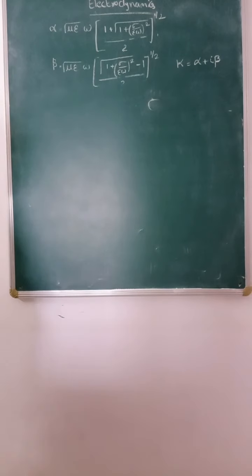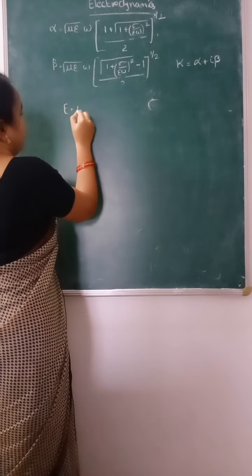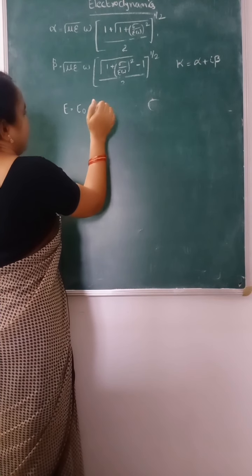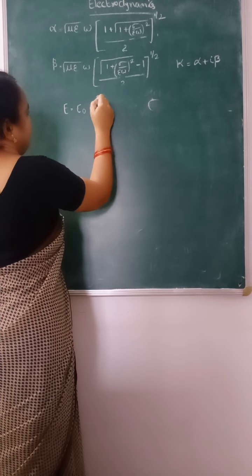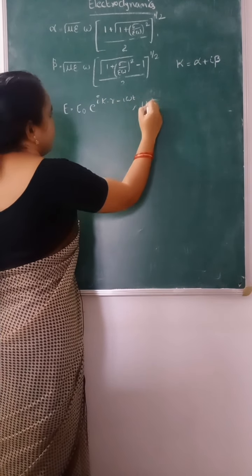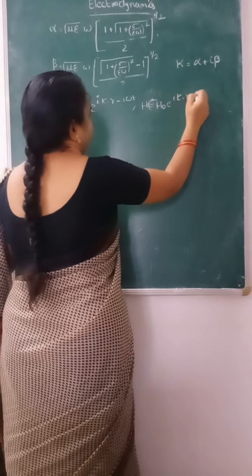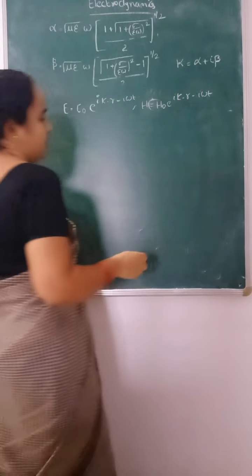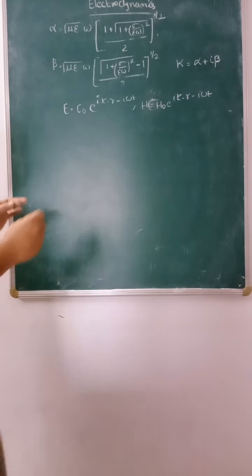Next, the relation between E and H. E is equal to E naught e power i (k dot r minus omega t). H is equal to H naught e power i (k dot r minus omega t). So what are the four Maxwell's equations in a conducting medium?